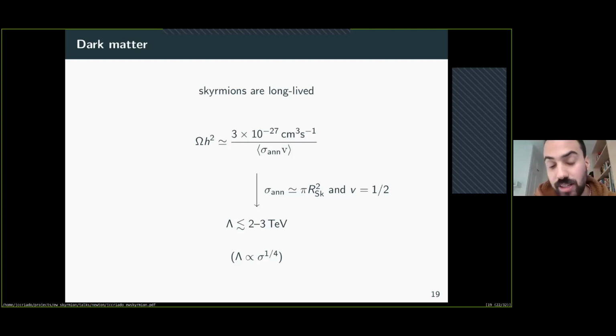And this not only tells us the value of lambda that would be needed for all of the dark matter to be made out of skyrmions, but also a maximum value for lambda. Because if lambda was larger than this, then we would have too much skyrmion dark matter. So in this sense, we have a cosmological upper bound on lambda.